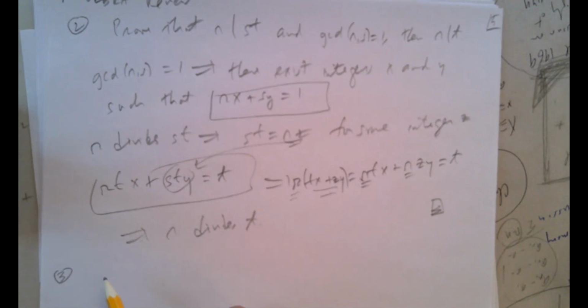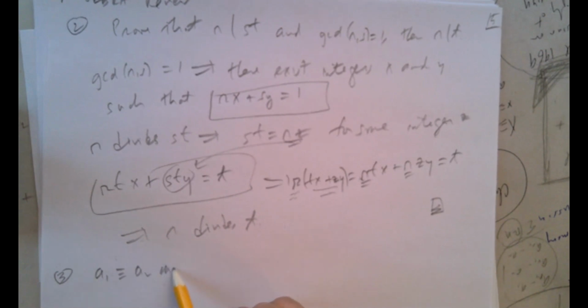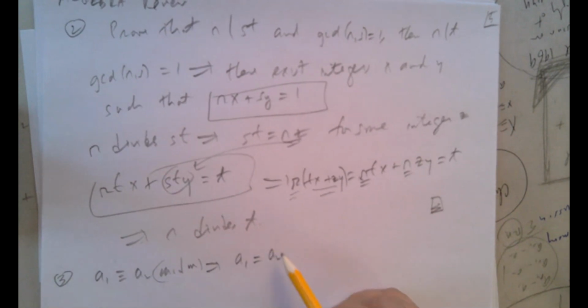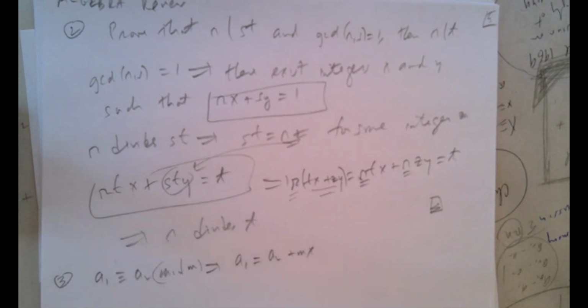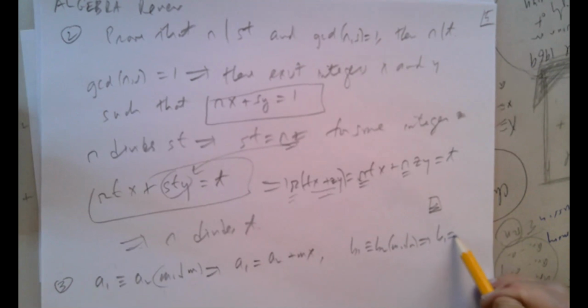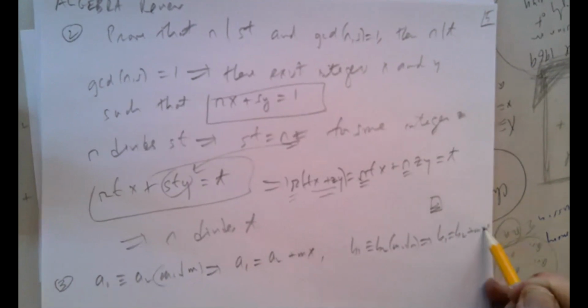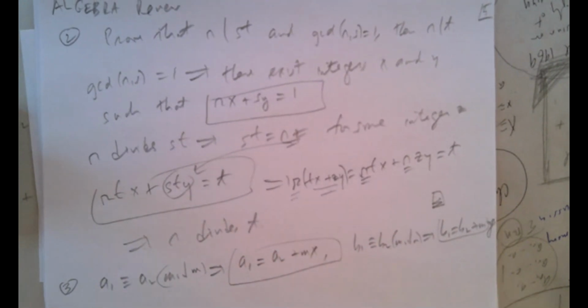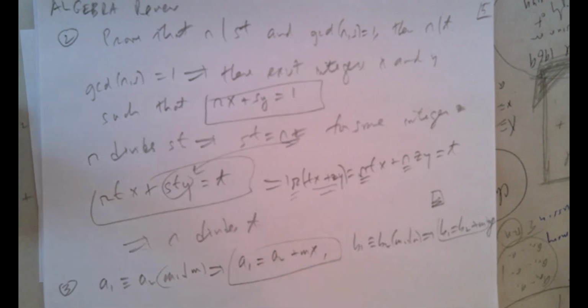And problem 3, if A1 is congruent to A2 mod M, that means that A1 is A2 plus some multiple of M. And if B1 is congruent to B2 mod M, then B1 is B2 plus some other multiple of M. So here are the equations: A1 equals A2 plus MX.